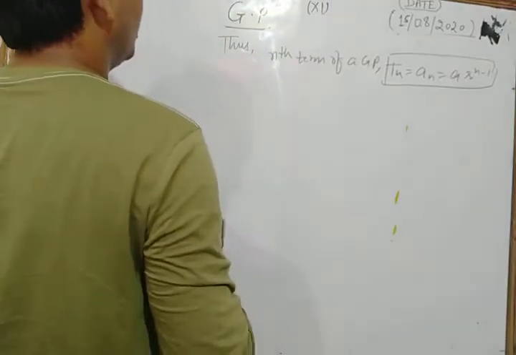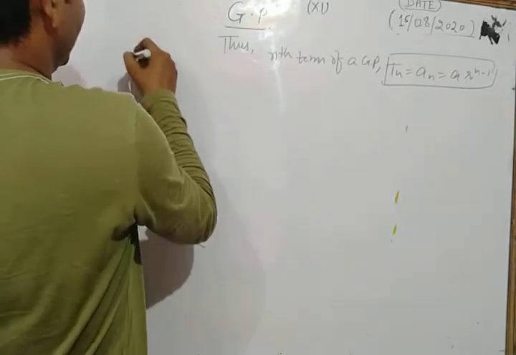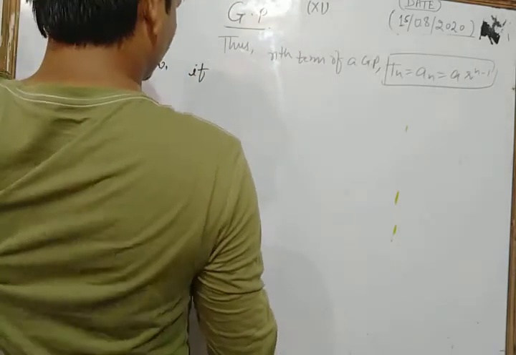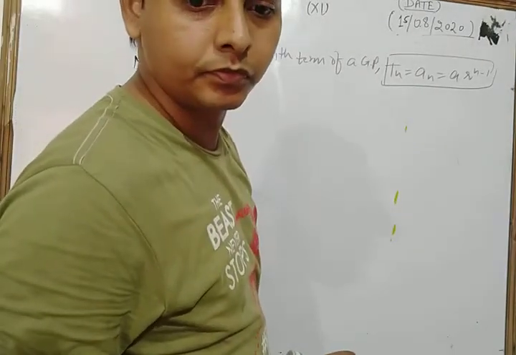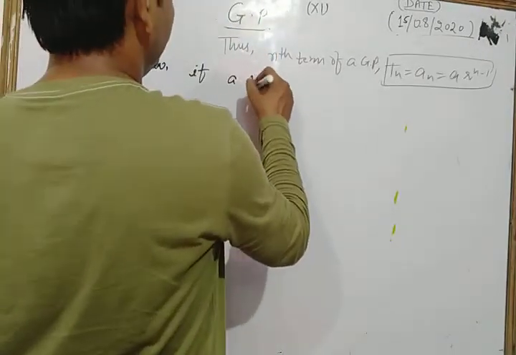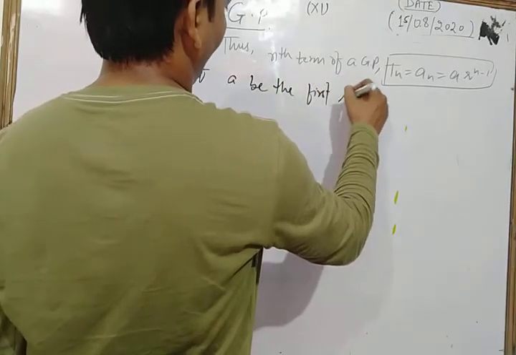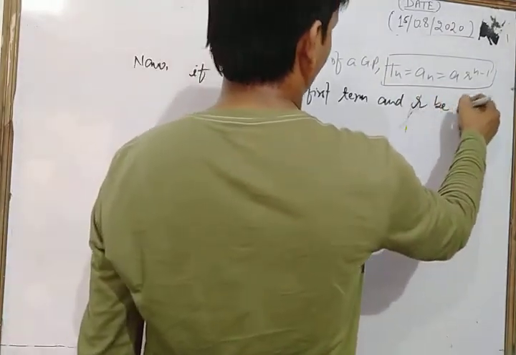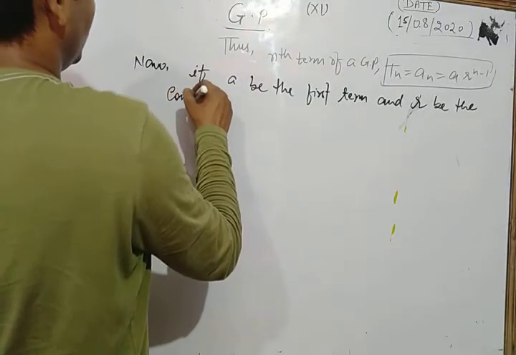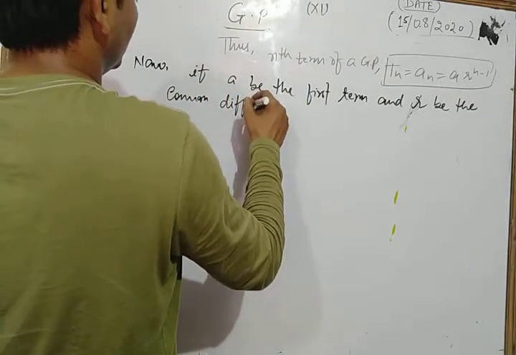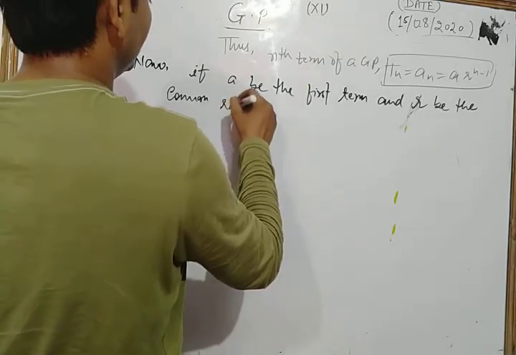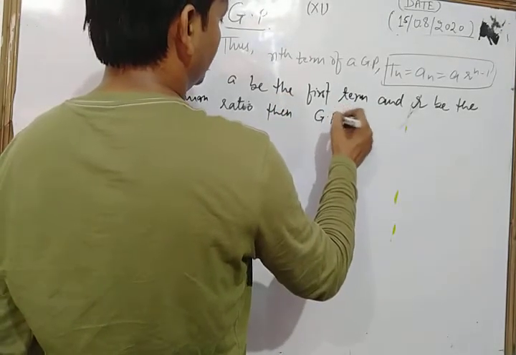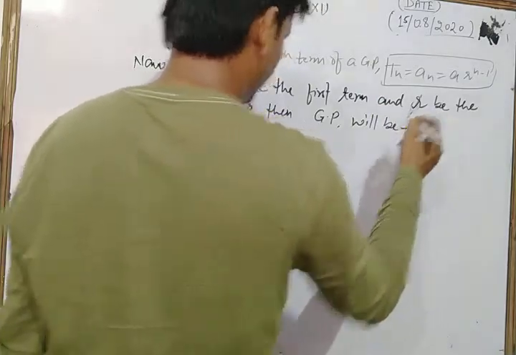Now, if A be the first term and R be the common ratio, then the GP will be, that is the geometrical progression will be what?